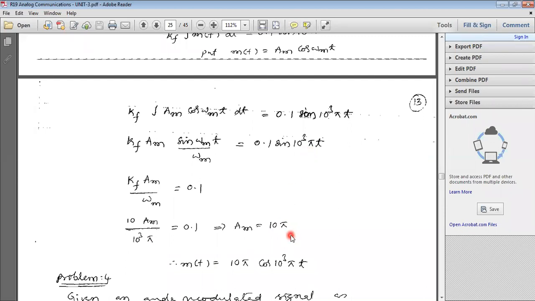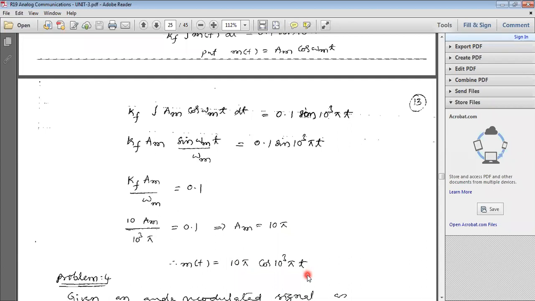Now after getting Am, what is our original message signal? Message signal is equal to Am cos omega m t. So therefore, in place of Am, you substitute 10 pi, cos omega m, what is omega m? 10 power 3 pi, into t.